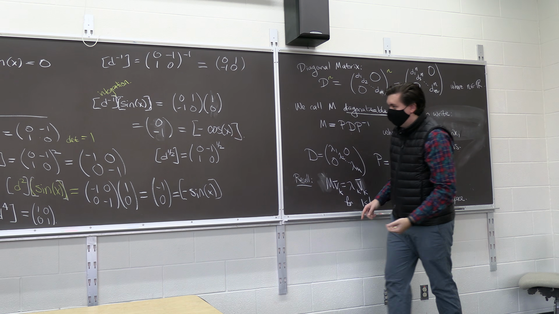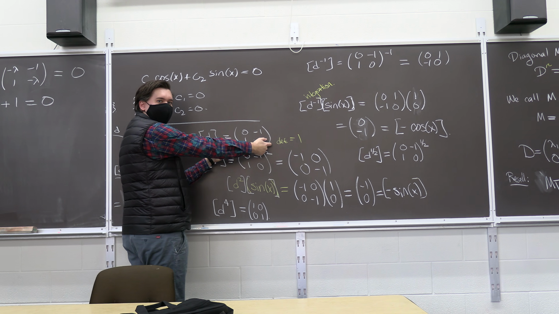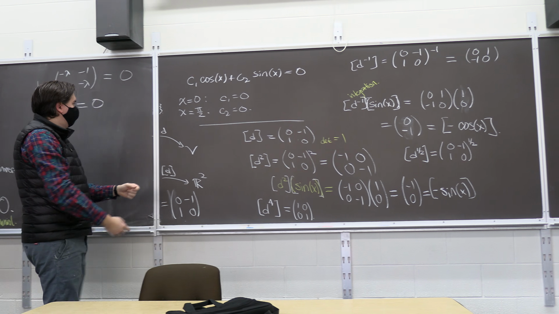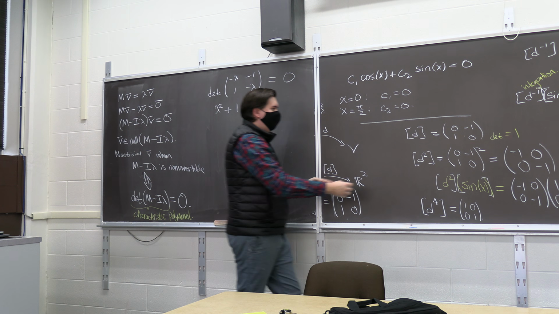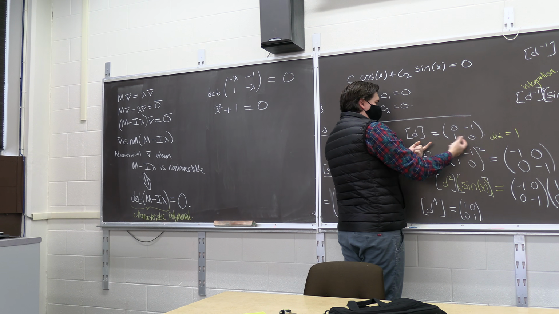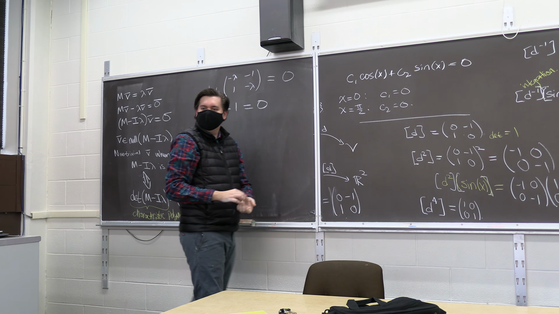So I'm trying to solve this. For us, we're now looking at the example where this is the matrix. I was doing this in general, and now I'm saying let's focus on this specific example, where I want to see if I can diagonalize this guy. Okay.